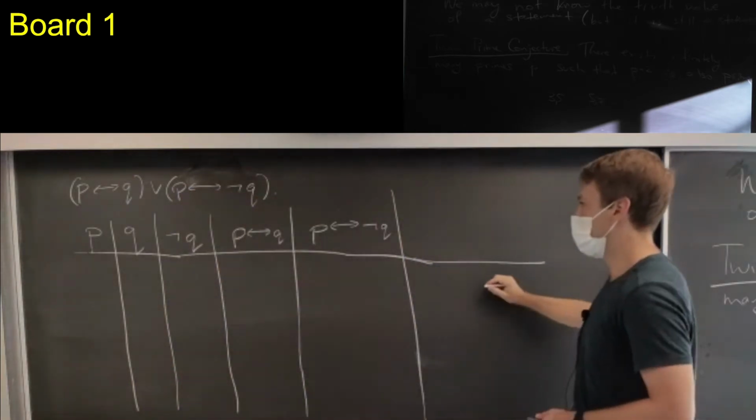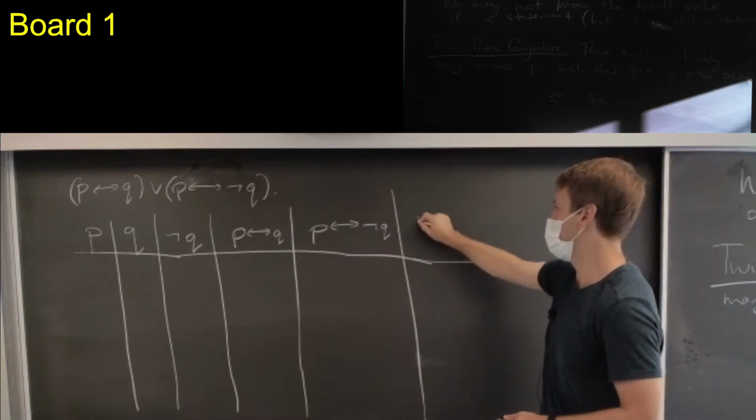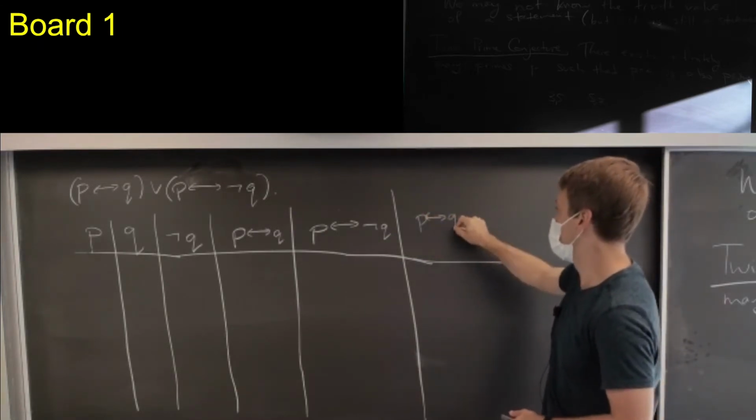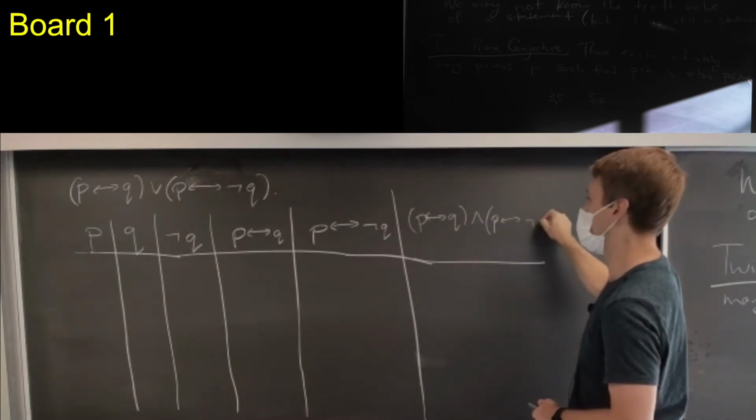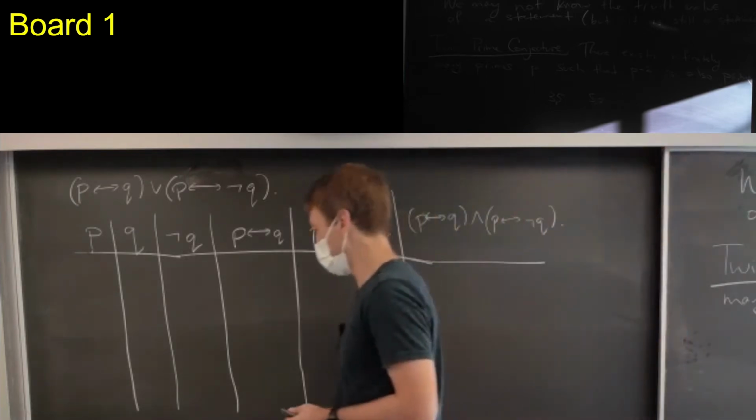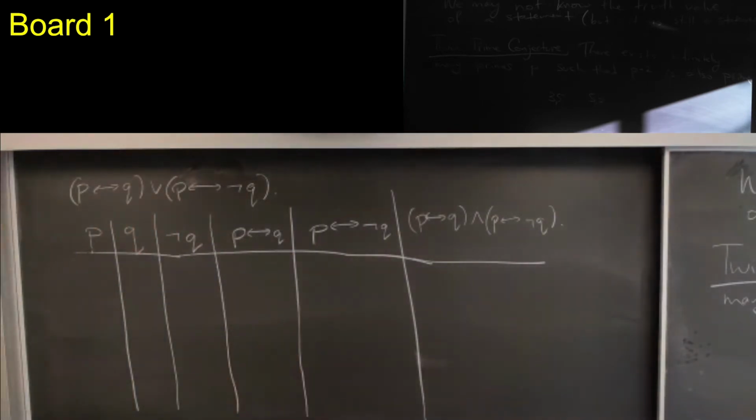And then as a last column, we've got the whole thing: P if and only if Q, or P if and only if not Q. I wrote some really quick notes, which you should find in Brightspace for this section under course notes, about how to systematically write the truth value combinations of two basic statements or any number of statements.